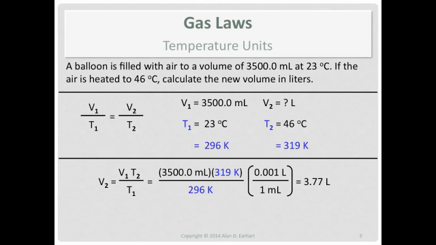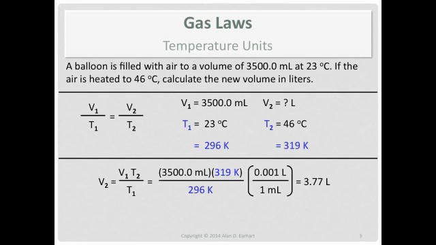And when working the problem, we changed from Celsius to Kelvin, and we put Kelvin temperatures into the problem. Now your check when you're done is what's happening to volume when you change temperature.